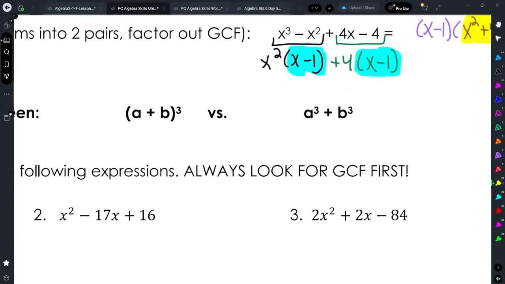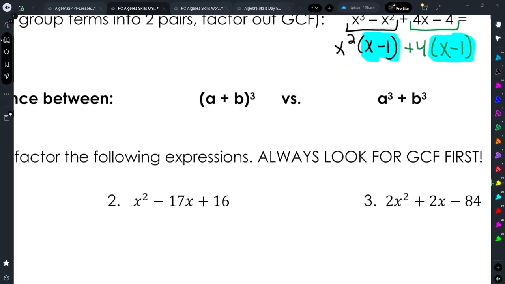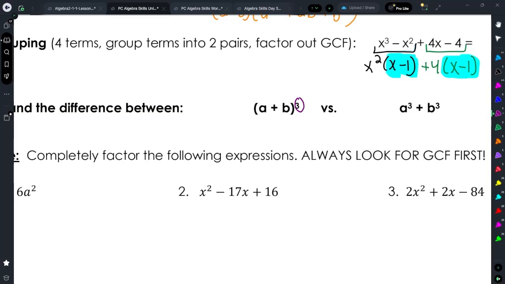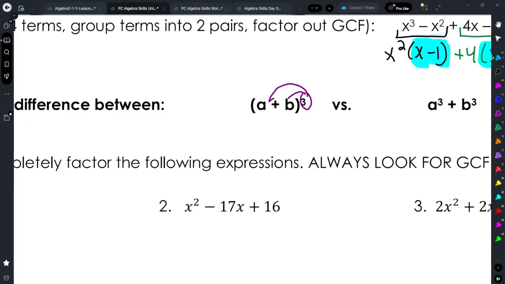Now, I want you to understand the difference between a plus b cubed versus a cubed plus b cubed. And this is a good demonstration on why you can't just distribute the third power to both of those. So let's say a is 2 and b is 3. So if we had 2 plus 3 cubed, that's going to be 5 cubed, or 125.